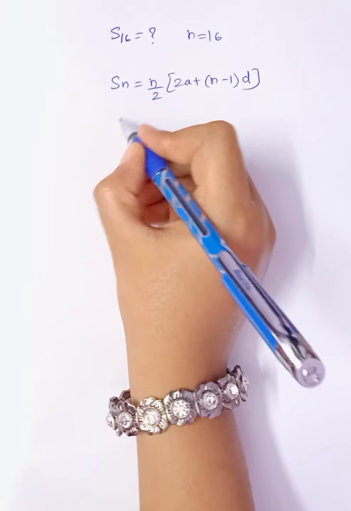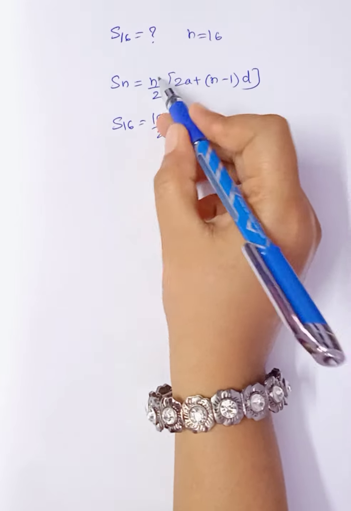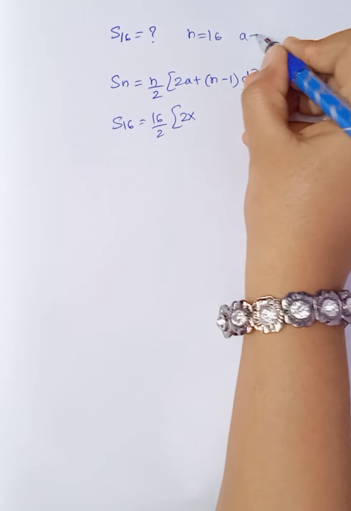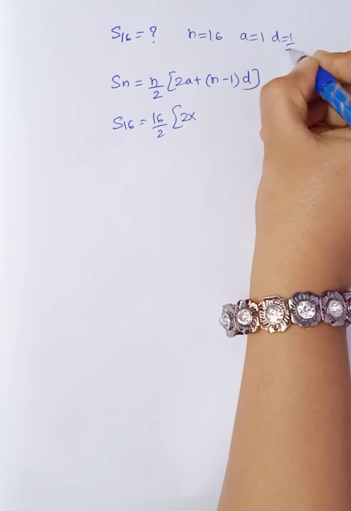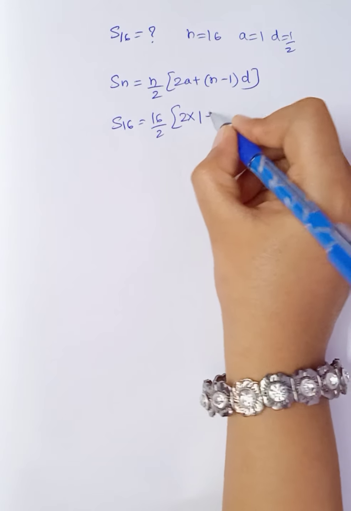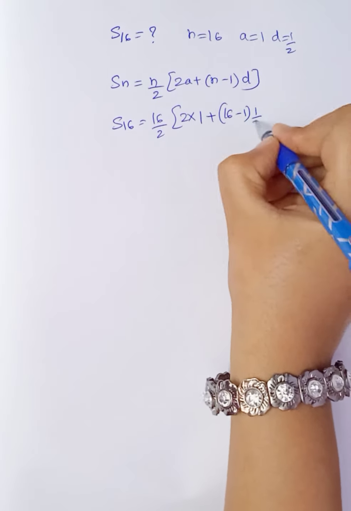Now Sn is nothing but S16, which equals 16 by 2, because n is 16, times 2 into the value of a, which we have got as 1, and d is what? 1 by 2. So substitute these values here. So a is 1, plus n is 16 minus 1, and d is 1 by 2.